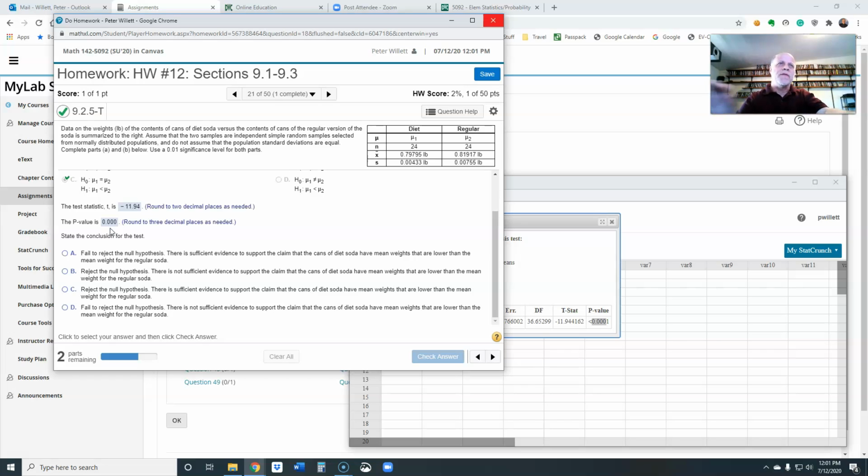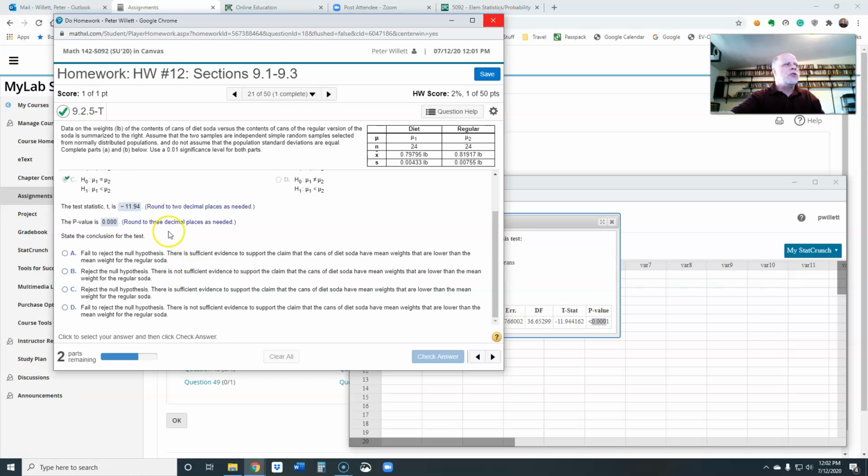What that means is if the p-value is low enough, below the significance level, then the null must be rejected. So because our p-value is below the level of 0.01, the significance level, we reject the null hypothesis that their weights are the same, and this provides evidence in support of the alternate hypothesis, which is that the diet weighs less than the regular.